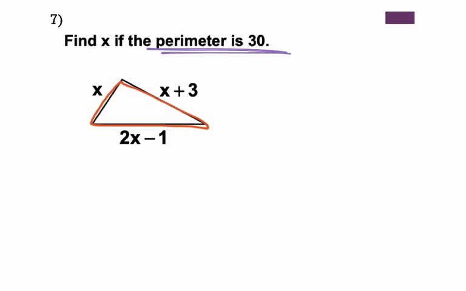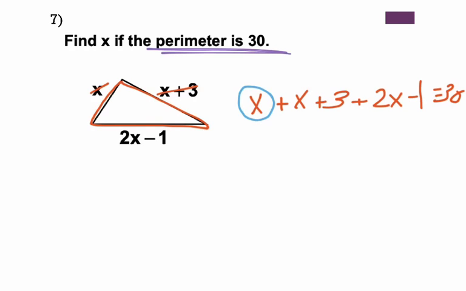Well, perimeter is when I'm adding all of those side lengths together. So x plus 3 plus 2x minus 1 equals my entire perimeter. Well, guess what? I know what it is. It's 30. Now we can see that we have to combine like terms. So I have 1x and 2x.